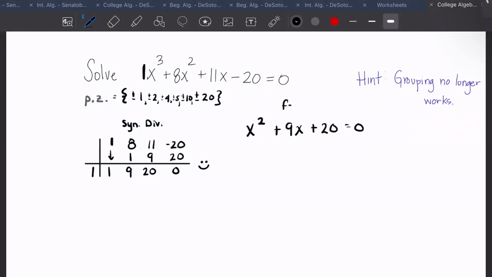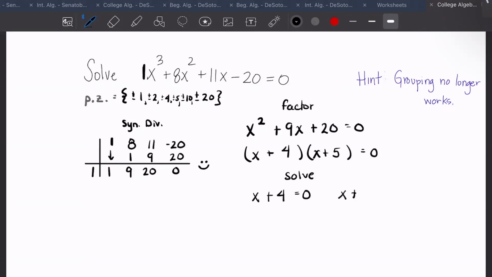This is our factor part. Easy trinomial. Signs are the same, and we're using 4 and 5 to get 9. Then we'll solve and get negative 4 and negative 5.